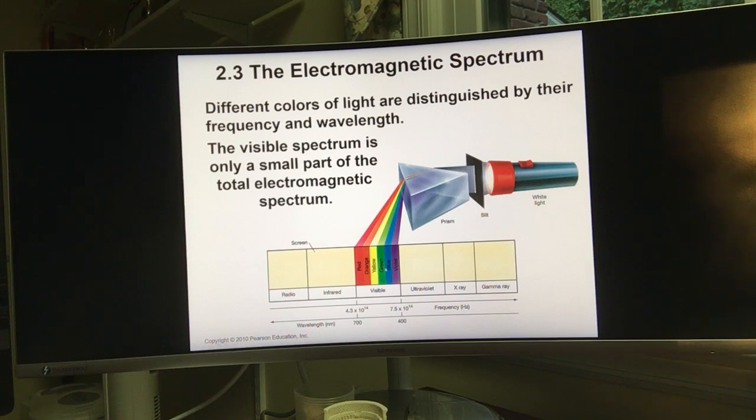I do hope that you get yourself familiar with this diagram, especially how the frequency changes and how the wavelength changes, and also that red light has longer wavelength, but blue violet light has higher frequency and shorter wavelength.